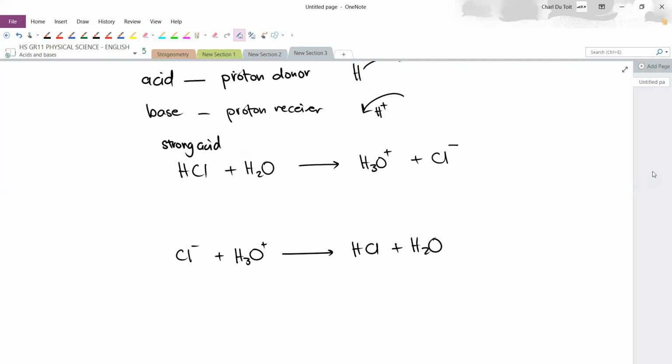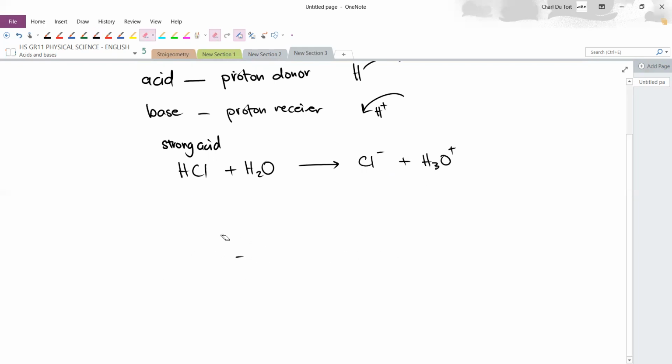Can you write Cl negative plus H3O plus the other way around? It doesn't matter which one is first and which one is second.